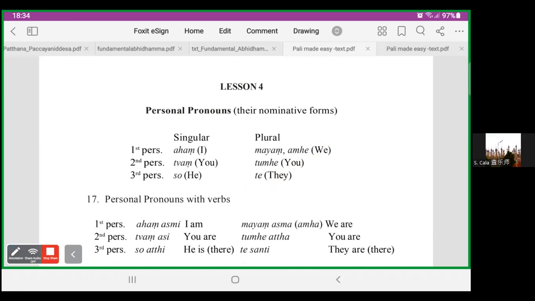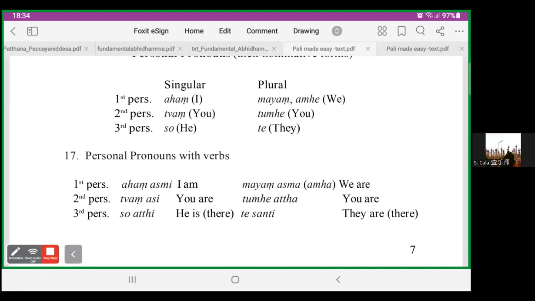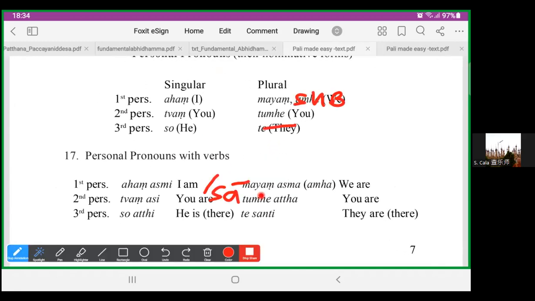So now this one. I think this is not difficult for you all. So ati means he is. We put this because "he is" is not a complete sentence, so we need to put a verb, right? So, ati. Te santi: te is they, santi is are.